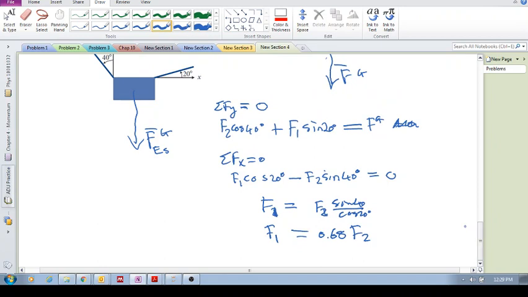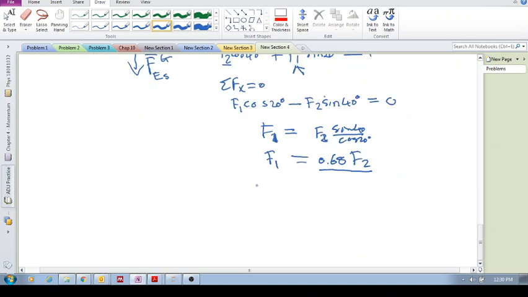Now, what we can do is we can go and substitute this back into there, right? We've got F1 in terms of F2. We can go and substitute this back into there. Then we are just going to have these F2 terms. We're going to have F2 cos 40 plus, what is this? This is 0.68 F2 times sine 20.